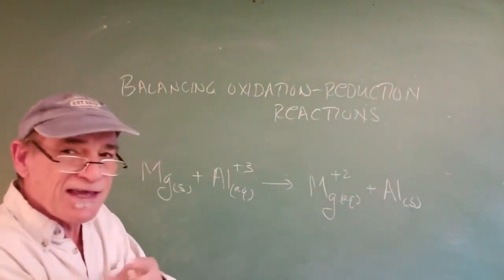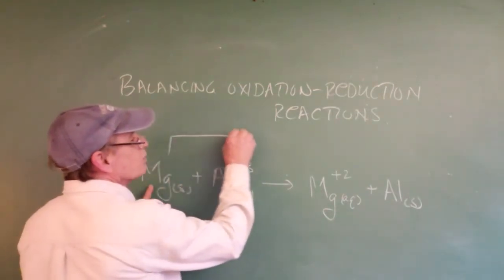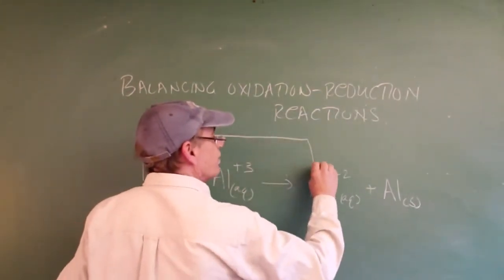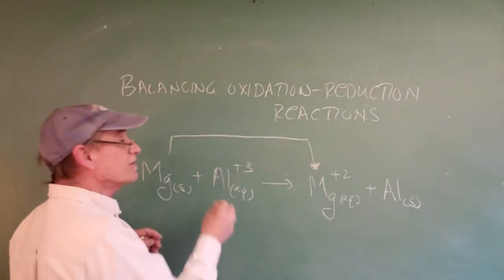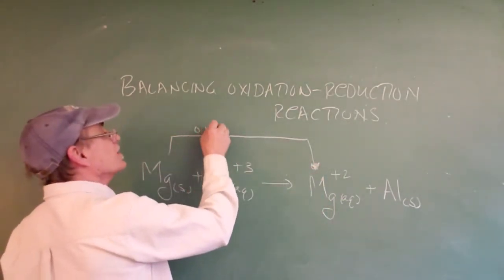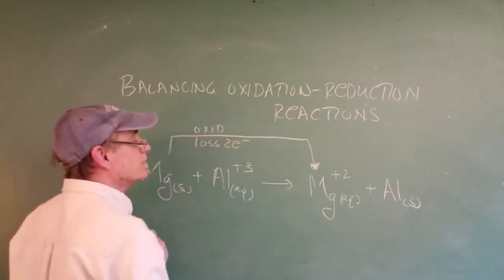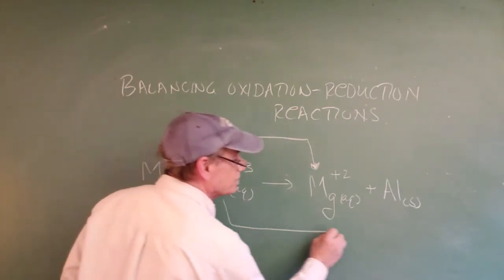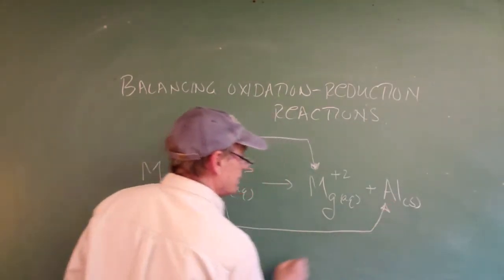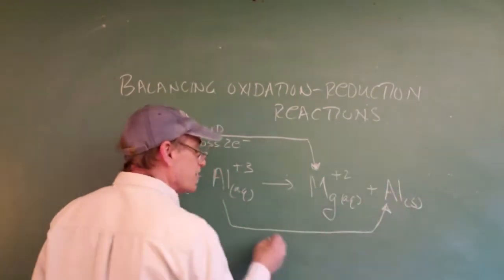Well, if that's the case, if we looked at the magnesium, let me just draw some arrows right here. This is my oxidation, what we call an oxidation half reaction. And this oxidation shows a loss of 2 electrons. However, my reduction reaction, and here the aluminum went from its +3 state down to its 0 state.